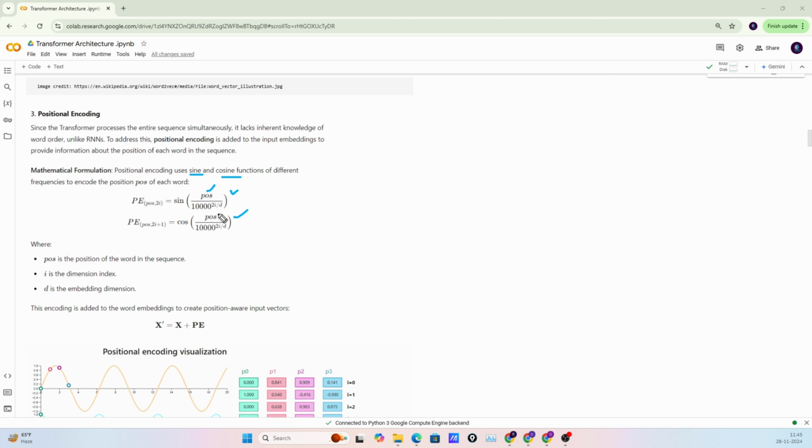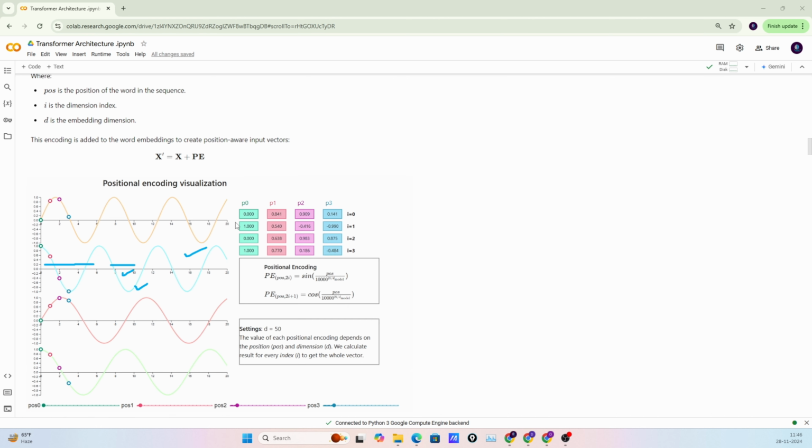Here POS is the position of the word in the sequence, then we divide by 10,000 to the power 2i over d, where i is the dimension index and d is the embedding dimension.